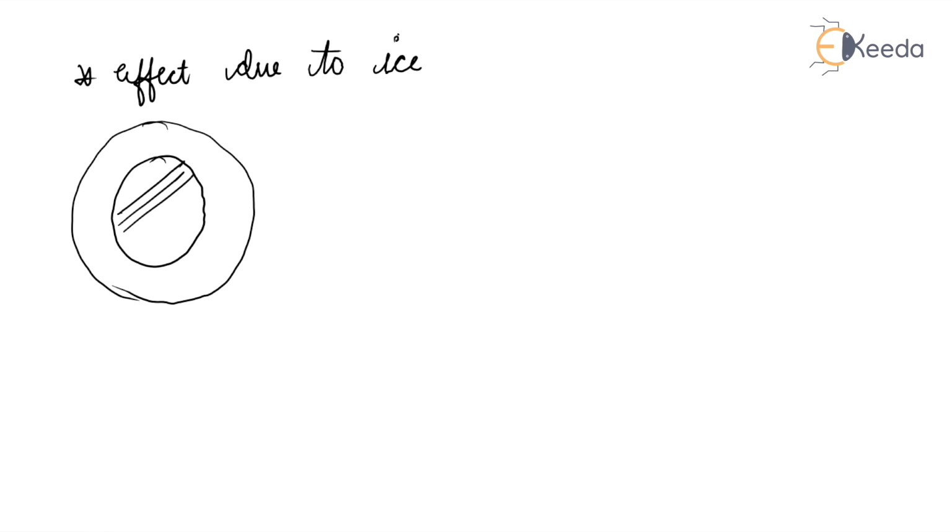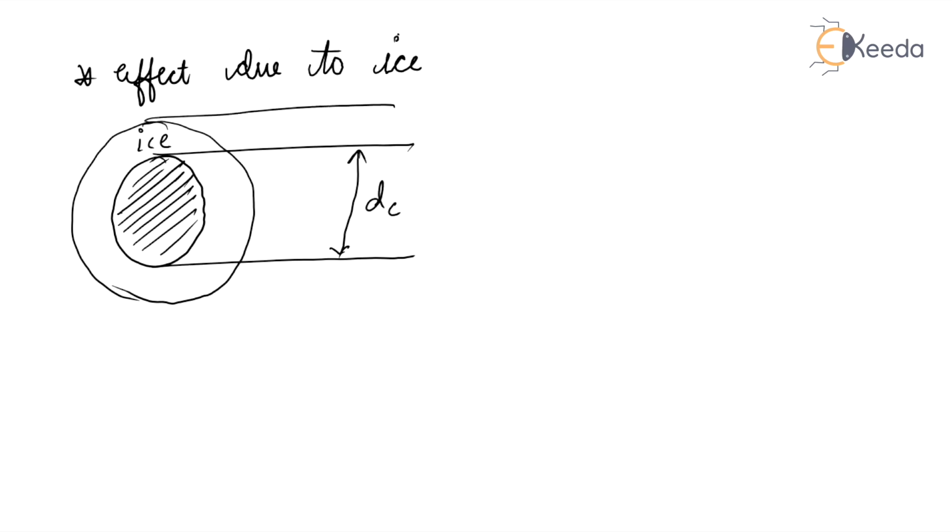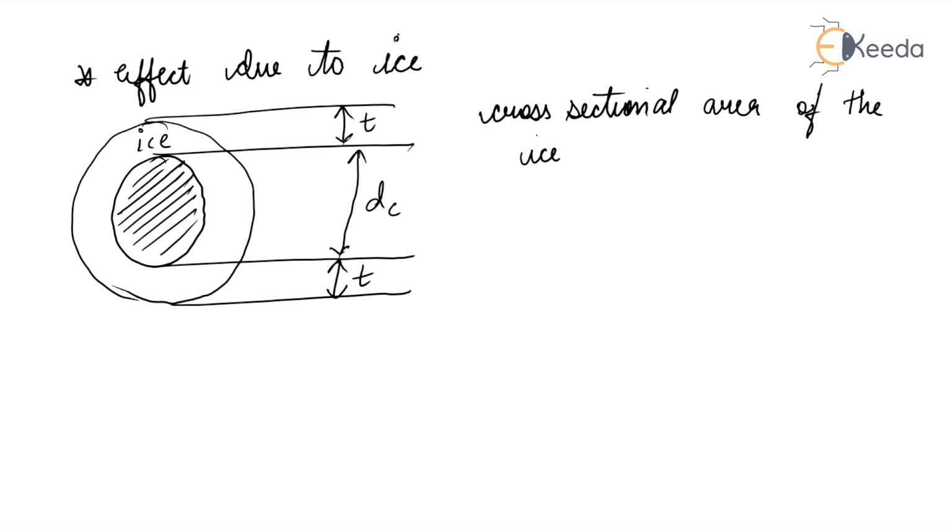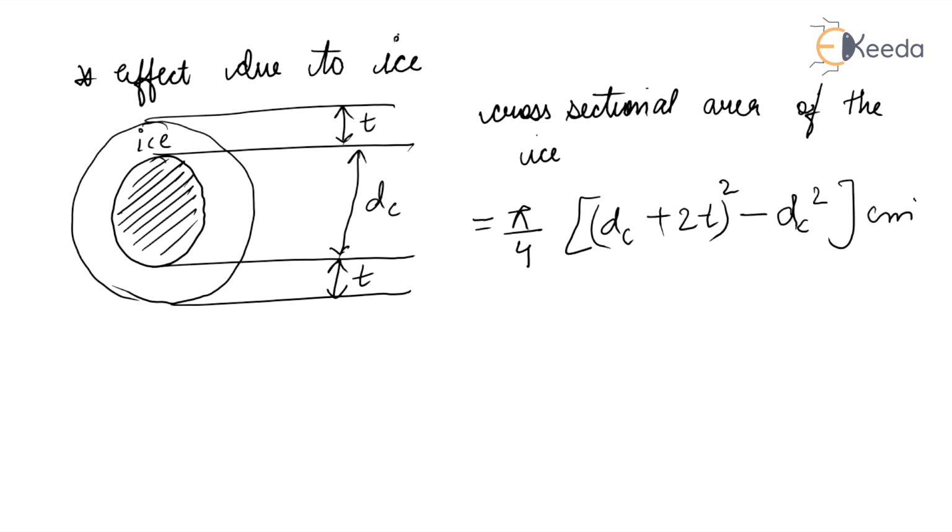Now, effect due to ice. This is the conductor and this is the ice coating. This is the diameter of the conductor, say dc, and this is the thickness of ice, suppose t. So the cross sectional area of the ice is equal to pi by 4 into (dc plus 2t) whole square minus dc square centimeter square.